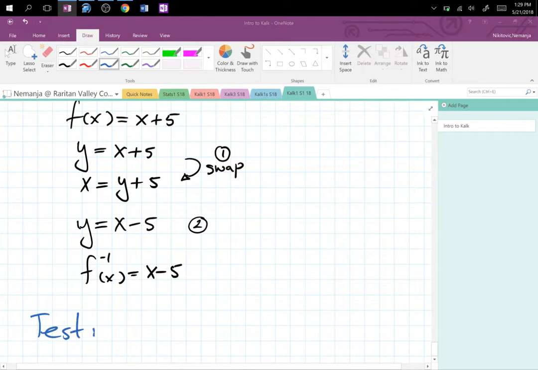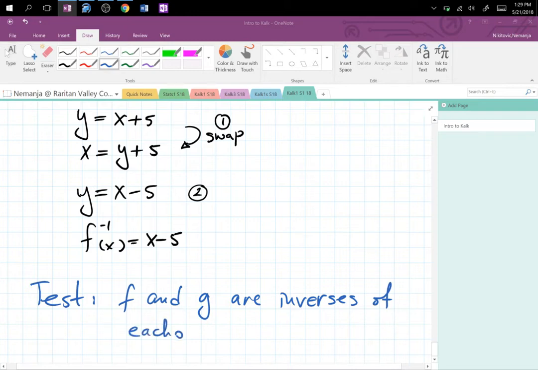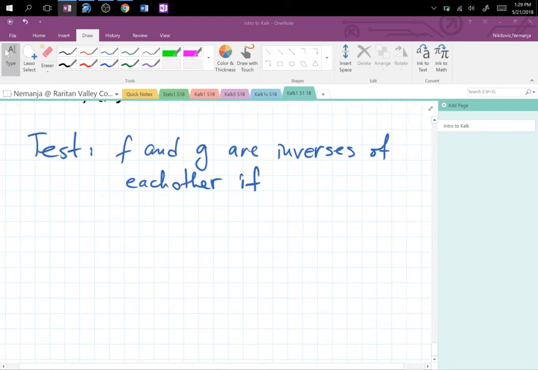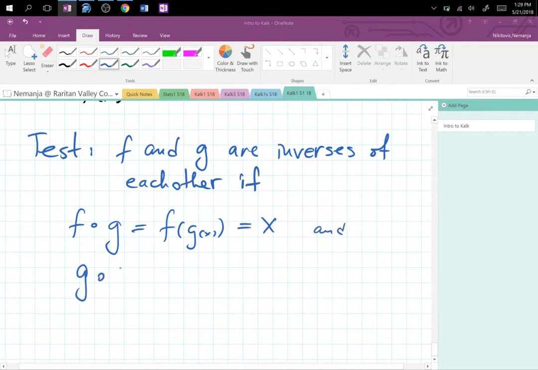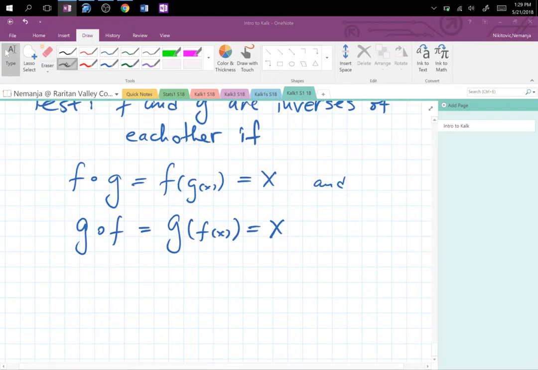The last thing is test for inverse functions. F and g are inverses of each other if the composition between f and g, which is f with g plugged in, is equal to x, and g composed with f, g f of x, also gives you x. We can test that with the thing above.